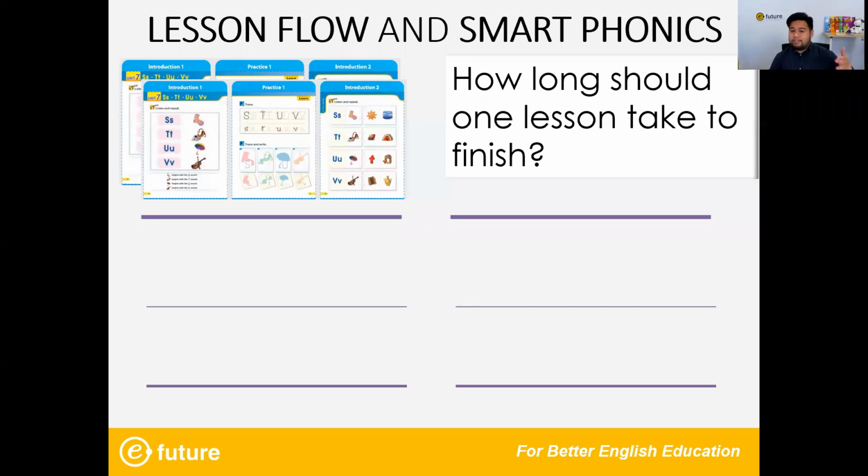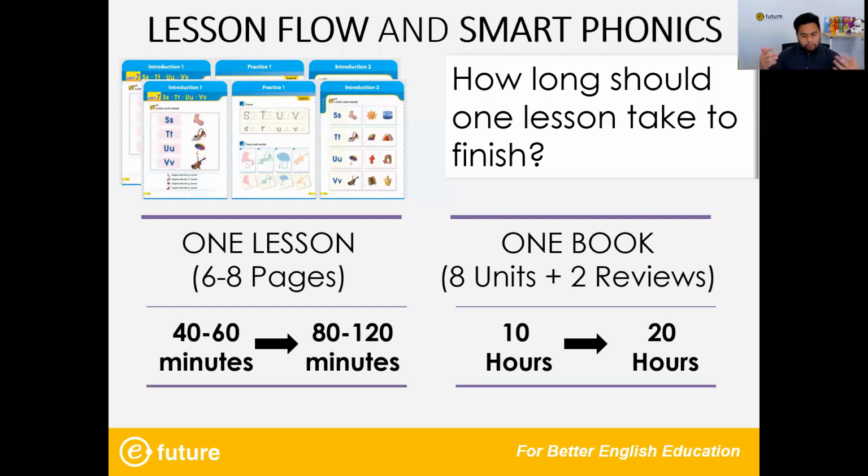Because a lot of times, depending on how many classes you have a week and how long those classes are will dictate how long a lesson will take, okay? So within class times, one lesson can go anywhere from 40 to 60 minutes to 80 to 120, depending on your schedule.